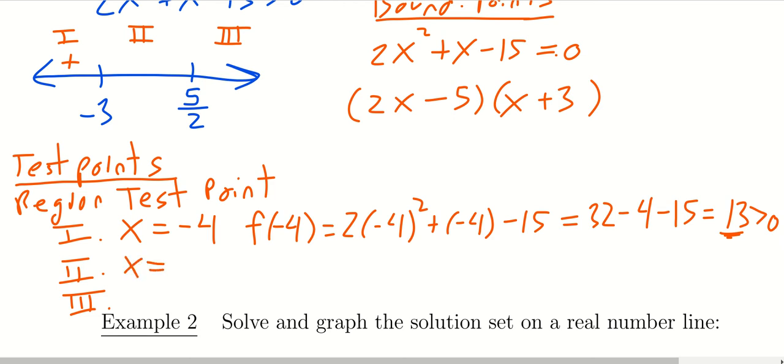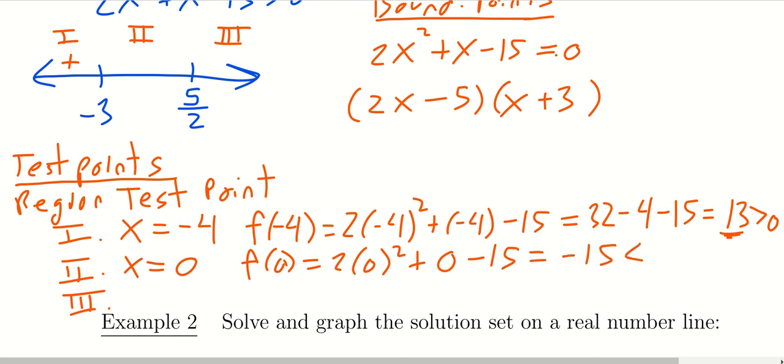Whenever you're able to, 0 is always a nice test point, and that happens to lie in region 2. f of 0 is 2 times 0 squared plus 0 minus 15, which is negative 15, which is less than 0. Because the function is negative at the test point 0, the function will always be negative in region 2.